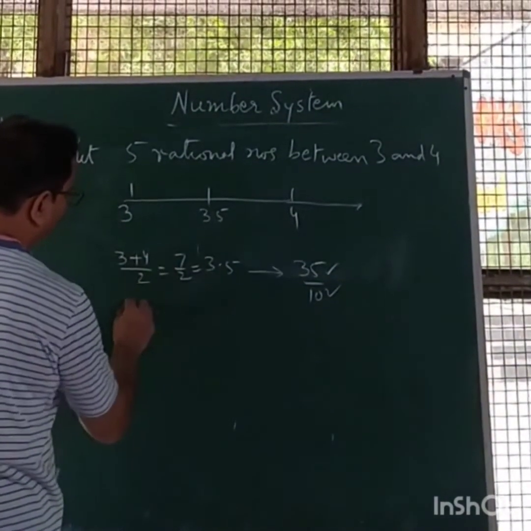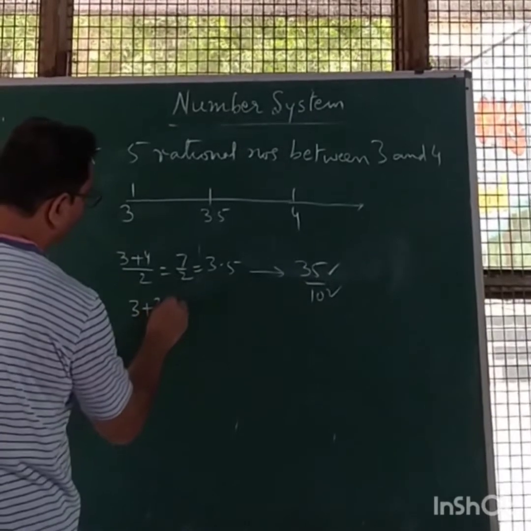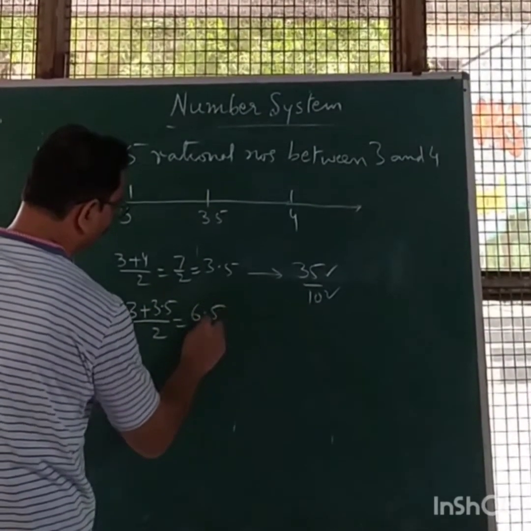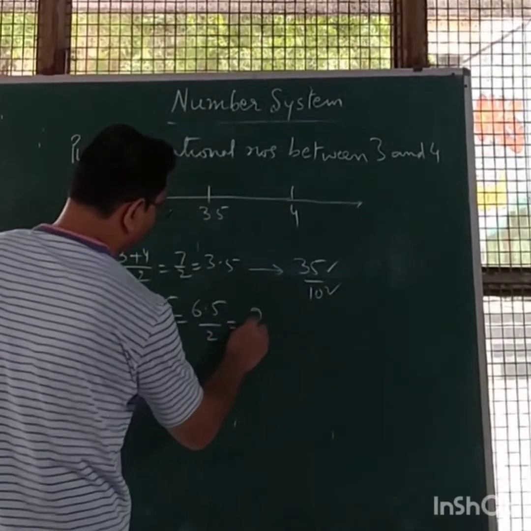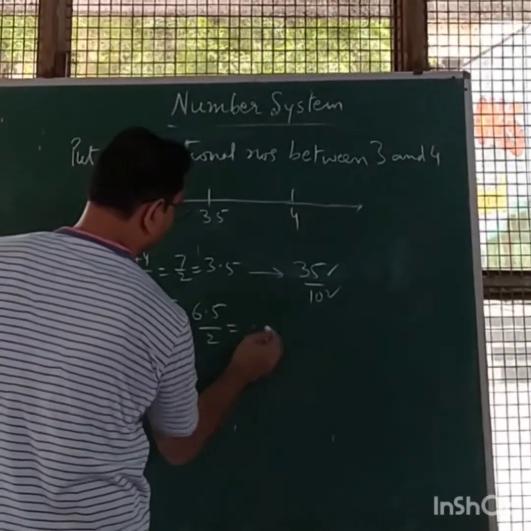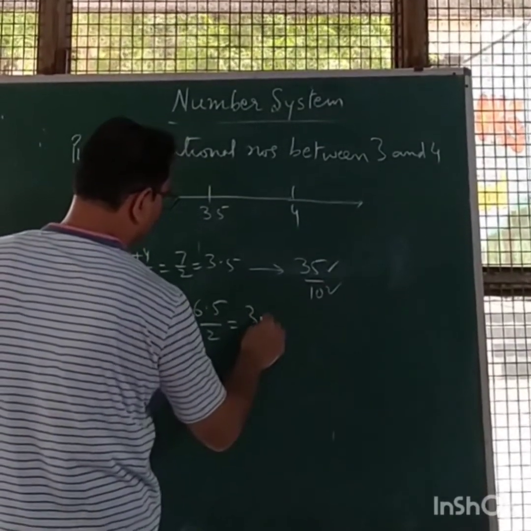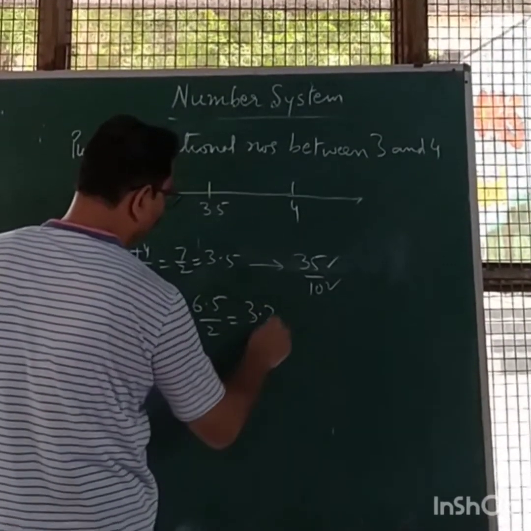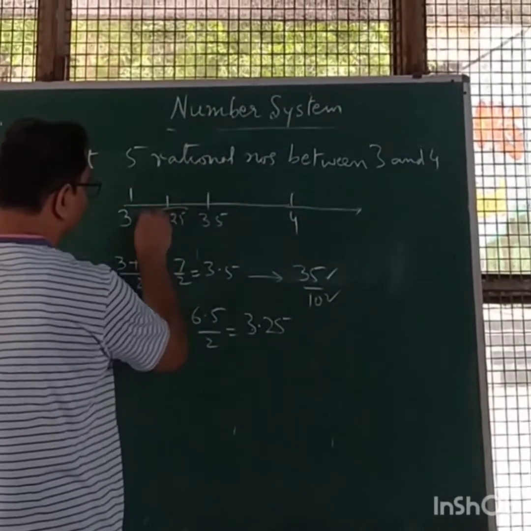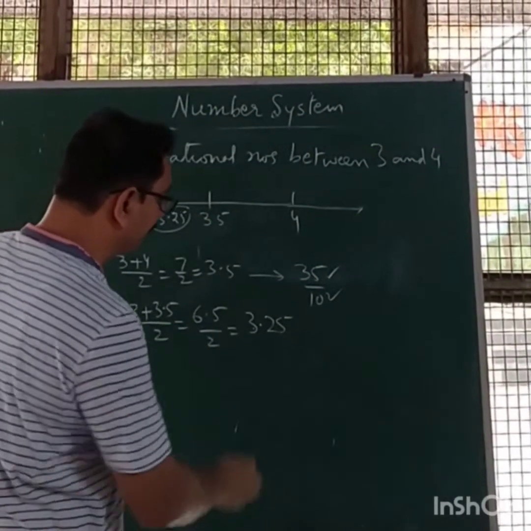Now we add 3 plus 3.5 and half it: 6.5 upon 2. 2 3s are 6, then 2 2s are 4, 2 5s are 10, so 3.25. Is it a rational number?